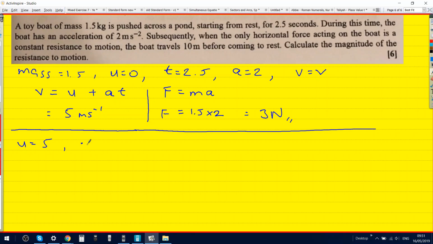I would start by listing the stuff that you know. We've got the initial velocity, obviously, which is 5, and the mass, which is 1.5 still. The acceleration? Oh no, it doesn't tell us the acceleration.